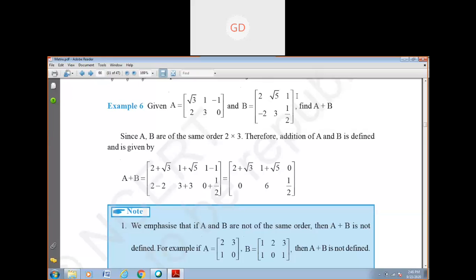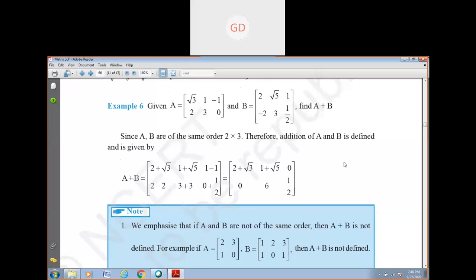So if corresponding elements do not exist, then neither can we add them nor can we subtract them. So for corresponding elements to exist, the orders of the matrices to be added or subtracted must be the same.